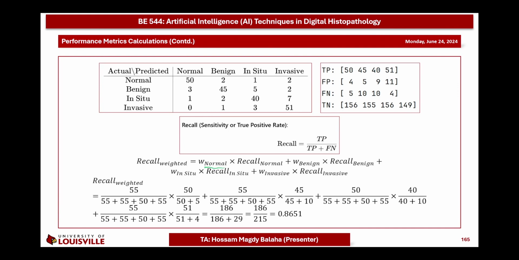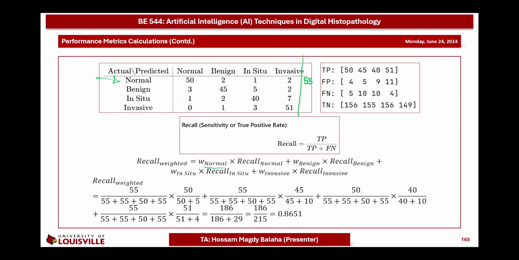To get the weights of each class, you simply create a column here, summing all of the actuals for each class. For example, this is the actual normal, so 50 plus 2 plus 1 plus 2 will be 55. For the benign, 3 plus 45 plus 5 plus 2 will also be 55.